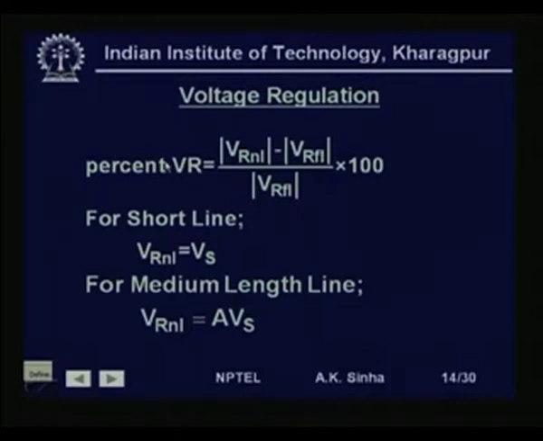Therefore, we define this voltage regulation as a percentage voltage regulation. So, percent voltage regulation is defined as Vr no load minus Vr full load divided by Vr full load into 100%. Basically, what we are trying to say here is that suppose we have a line which is loaded to its full load value, and if the load is suddenly thrown off, what will be the voltage at the receiving end?